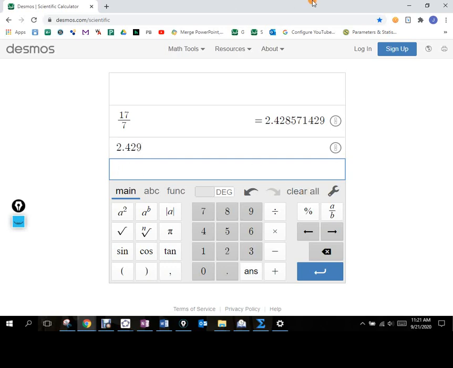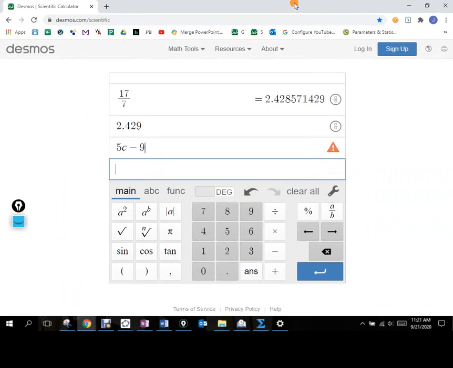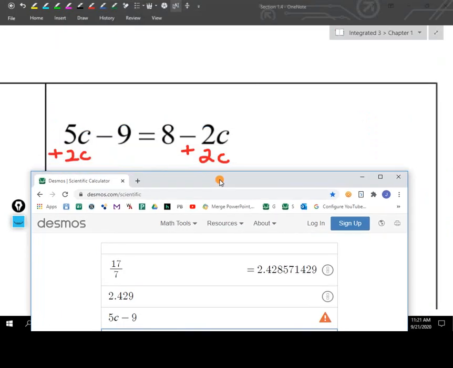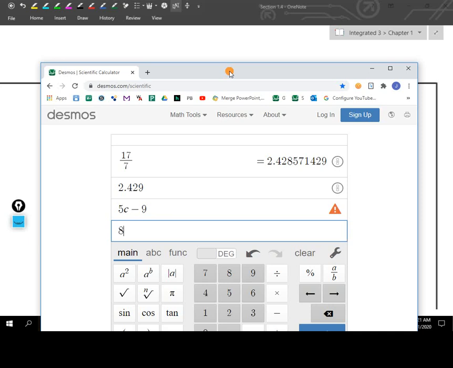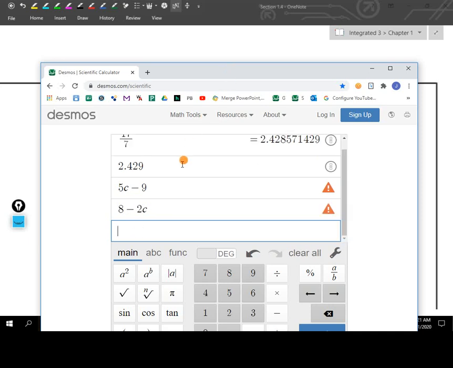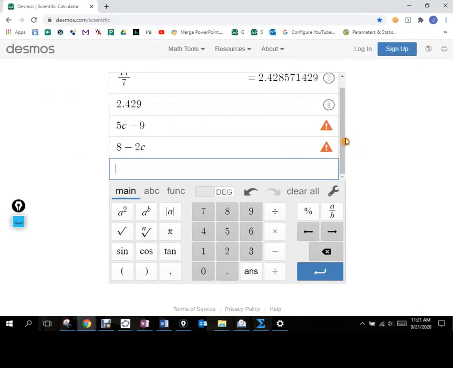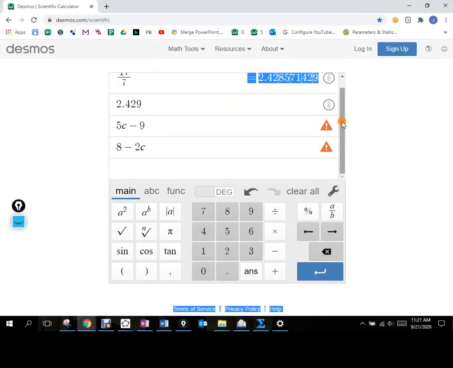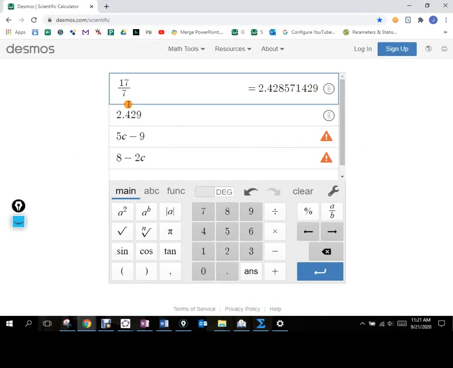So now, just to explain, we had 5c minus 9 and we had 8 minus 2c, right? Okay, now in Desmos it gives me these errors here because it doesn't know what c is right now. But let's say that this 17 over 7 is c.